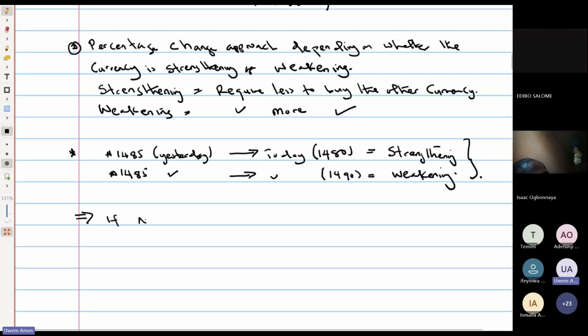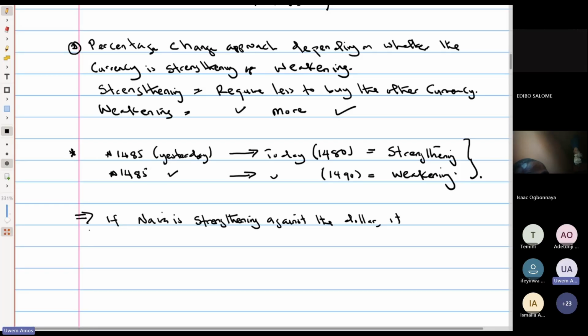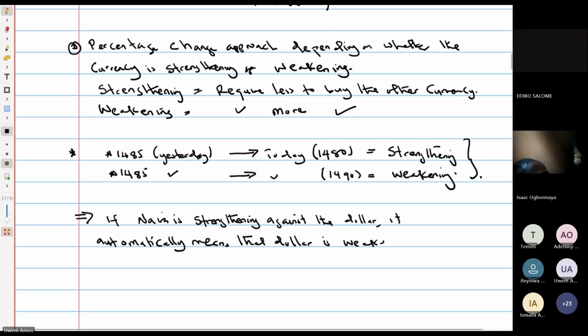If Naira, or Euro or Pound, whatever the currency, is strengthening against the dollar, it automatically means that the dollar is weakening against the Naira.